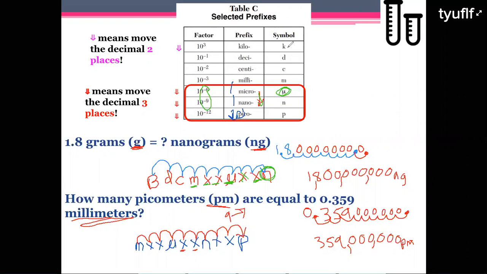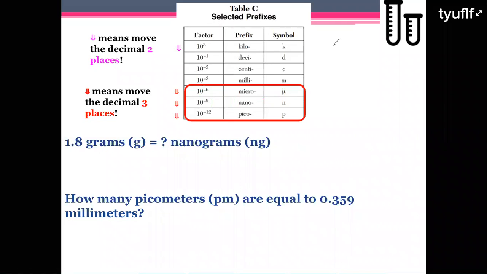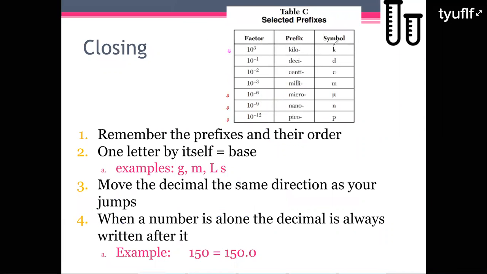So in general, when you're doing these problems, definitely remember the prefixes in order. And remember, if it's a letter by itself, that's considered base. And always move the decimal in the same direction as your jumps. That's the most important part. And if it's a number alone, remember that the decimal comes at the end of it and not the beginning.